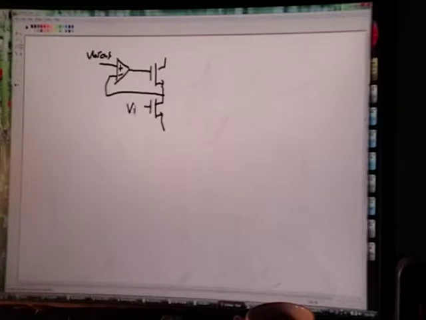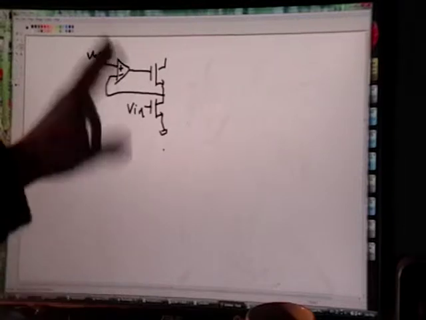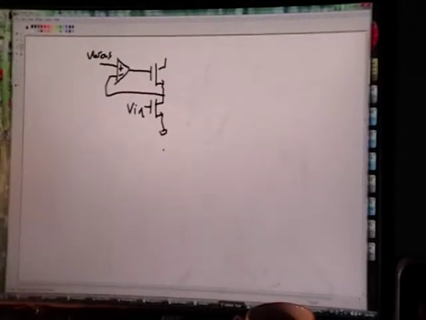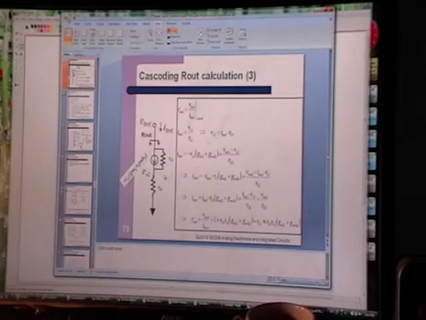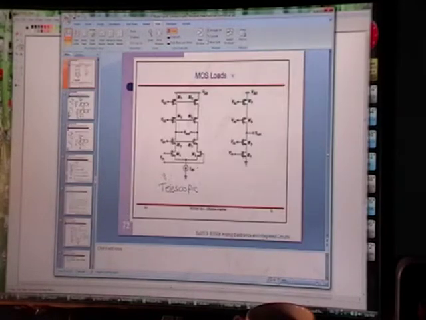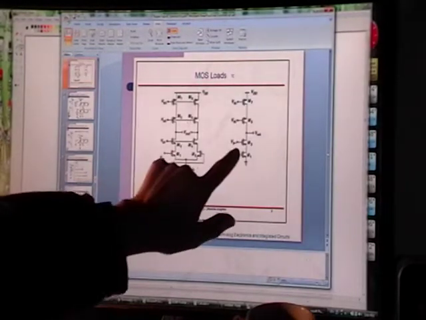Still have V in on the bottom. And this can be part of a telescopic or just a plain old cascoded. It can be part of either one of these.